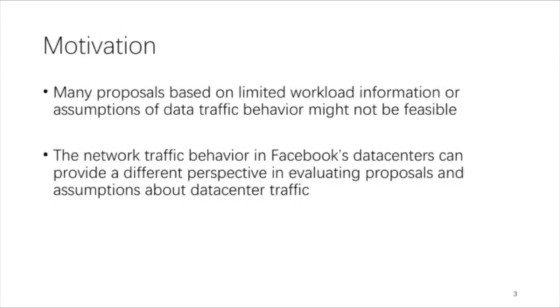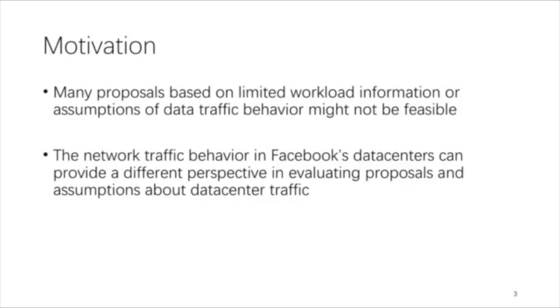So their proposal might not be feasible. The next thing is about network traffic behavior in Facebook's data center can provide a different perspective in evaluating proposals and assumptions about data center traffic. So, as the authors mentioned, the only data available about network traffic in big data centers was from Microsoft's data center.